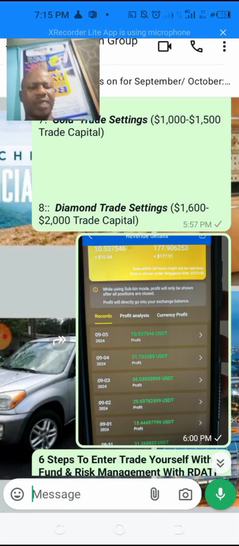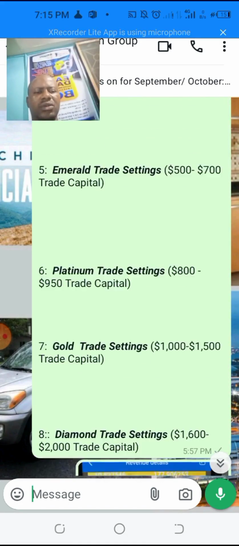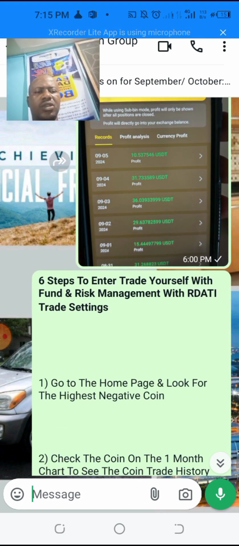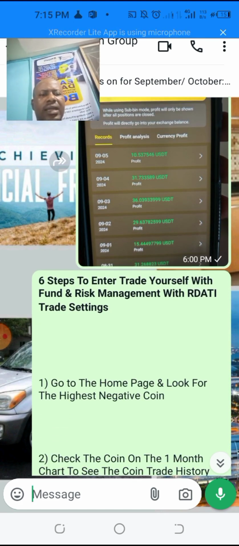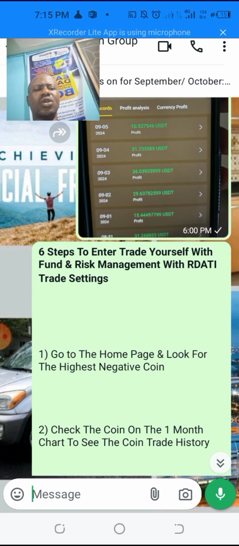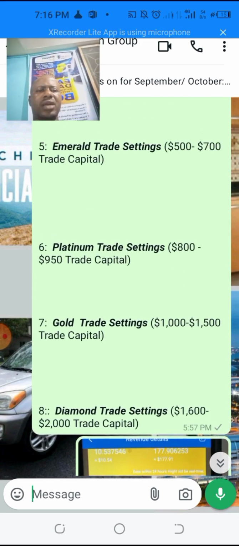Using these 6 steps that I just shared, the account is doing very, very well. This account has 2,800 trade capital and is not over trading. It's trading just 3 coins and is using the emerald trade setting.